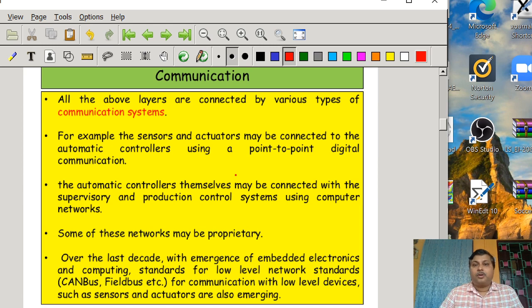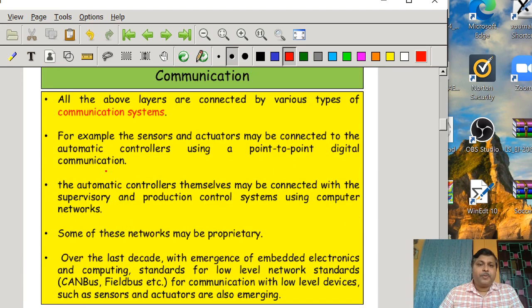So we are going to understand what the supervisory controls are, and along with that, the communication protocols used in industry, the most popular being fieldbus and Modbus. We are going to understand these communication protocols in this course also.